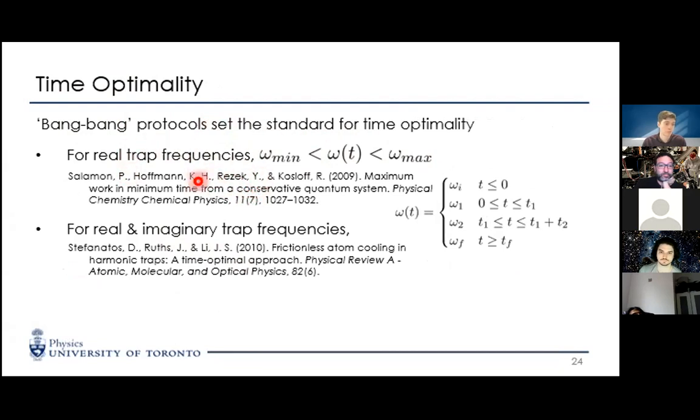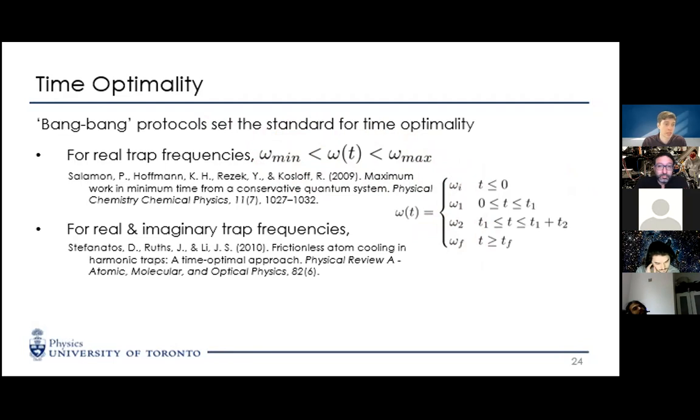So for real trap frequencies in a harmonic oscillator, Salamon and others in 2009 showed that if your trap frequencies are bounded to some minimum and some maximum value, and you're trying to come up with a protocol to go from some initial trap omega_I to some final trap omega_F, then the time optimal protocol takes what's known as a bang-bang form, meaning you take sudden jumps between different values of the trap frequency, here omega_1 and omega_2.